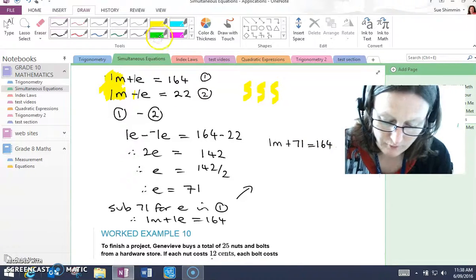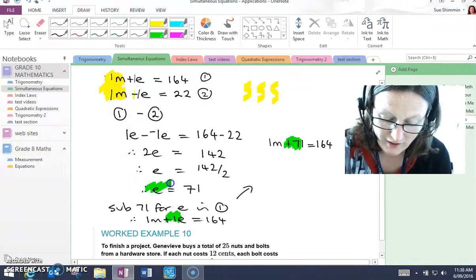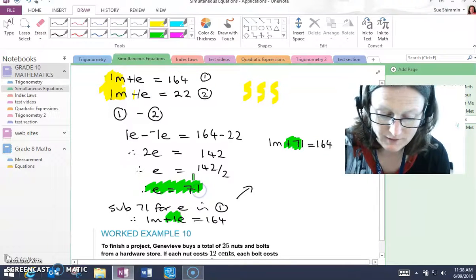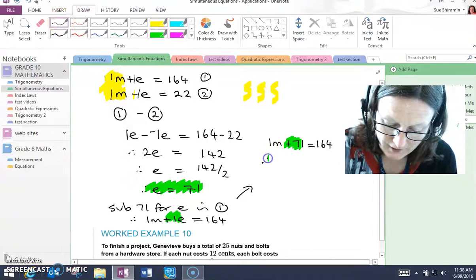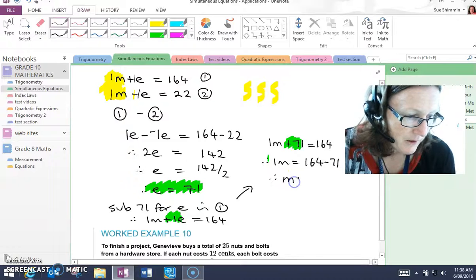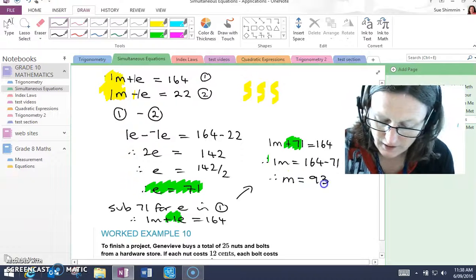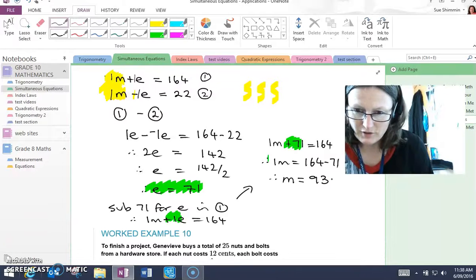Just a reminder, I have put 71 there instead of E because we have found that E is 71. I then take my 71 away and then M equals 93. So Ashley got 93 for maths and Ashley got 71 for English.